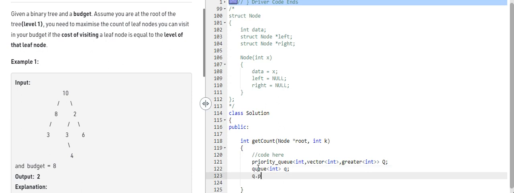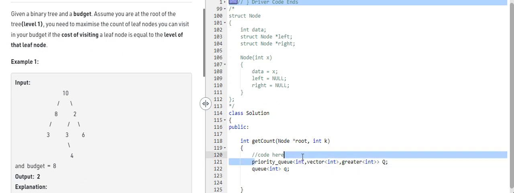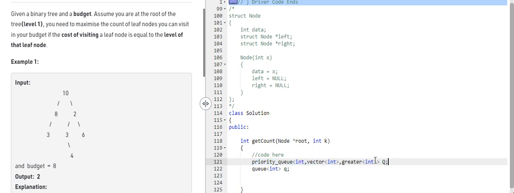We use capital Q for storing levels, and we use small q for helping our BFS traversal. The data type of the queue is node. So in this code you need an understanding of how BFS works. If you don't know, you cannot understand this code.